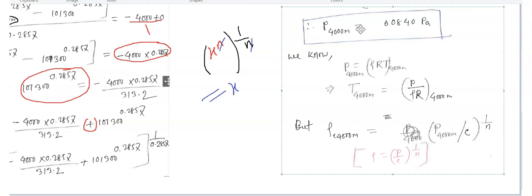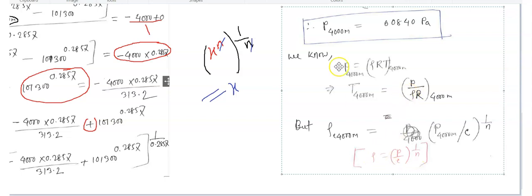So we got the pressure. Now we need to calculate the temperature. We know the gas equation at sea level is P equals rho R T. We say this is at 4000 meters of altitude, so the temperature T will be P over rho R. Now we know the pressure for 4000 meters of altitude, we just calculated this value. We know the gas constant, this is constant. We need to calculate the temperature, but we don't know the density at 4000 meters of altitude.